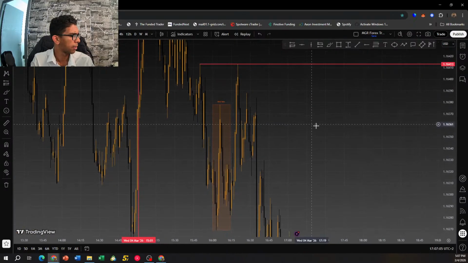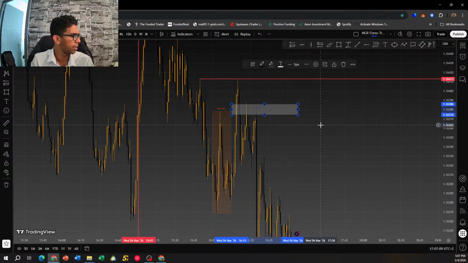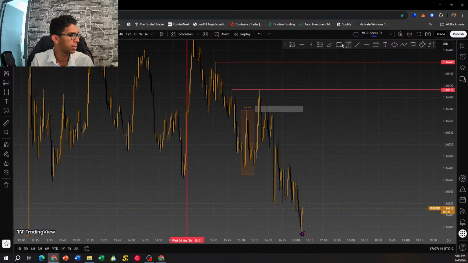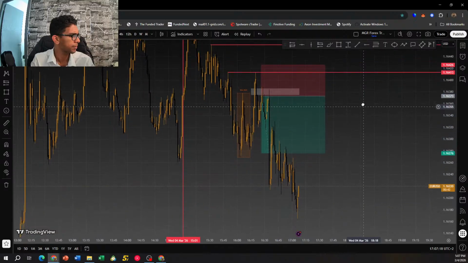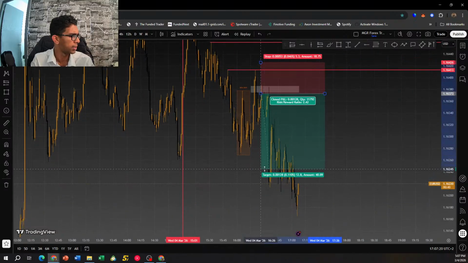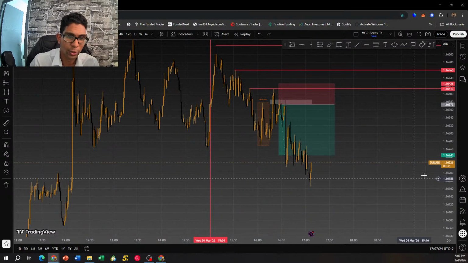Upon the tap in of the high, a lovely fair value gap was created to the downside, and a nice sell opportunity occurred right over here. Stop loss below the high that was taken out. That is one way to trade, one way of doing it.